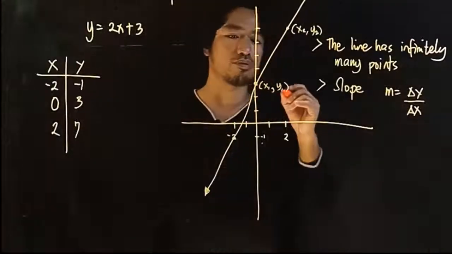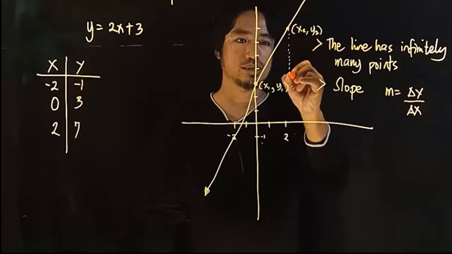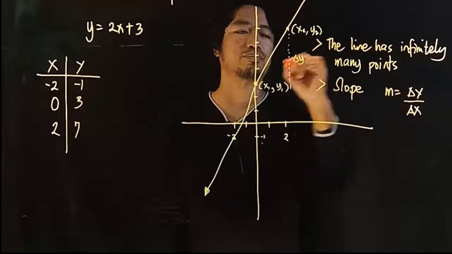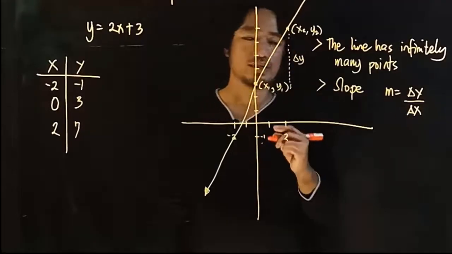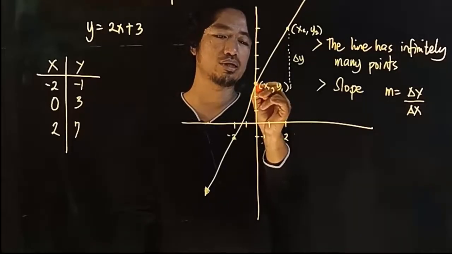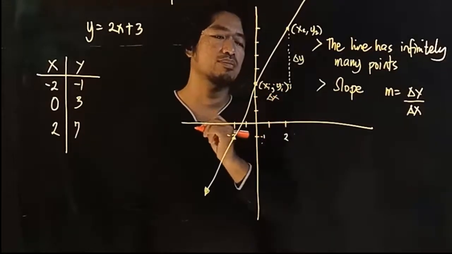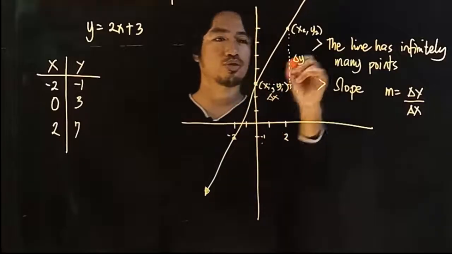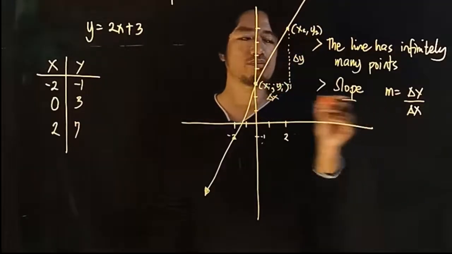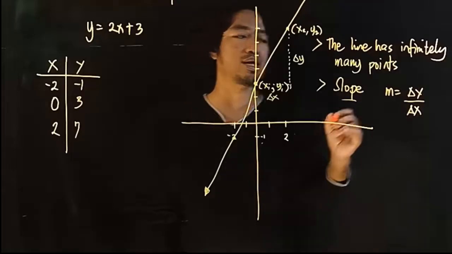The change in y refers to the vertical distance between the y coordinates. And the change in x, or delta x, refers to the horizontal distance between the x coordinates. The ratio of these two distances refers to the steepness of the line, or simply the slope. Sometimes it is called the gradient of the line.